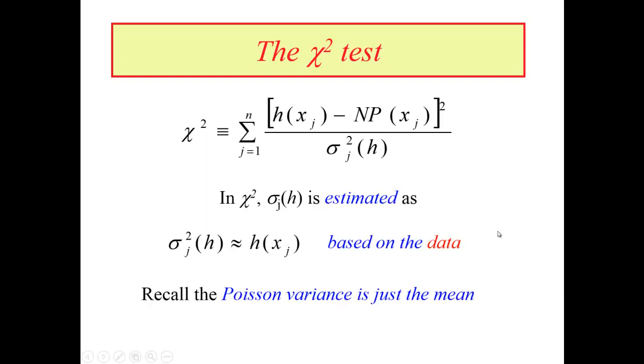So here's that expression again. And what we usually do, since we don't necessarily know ahead of time what the uncertainty is, we don't know what the standard deviation is of the particular distribution function, we estimate the denominator term based on Poisson statistics.